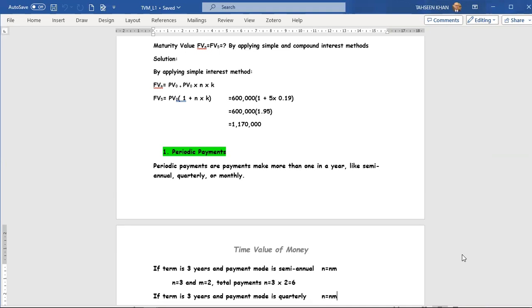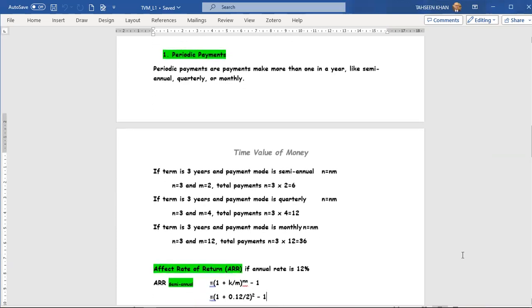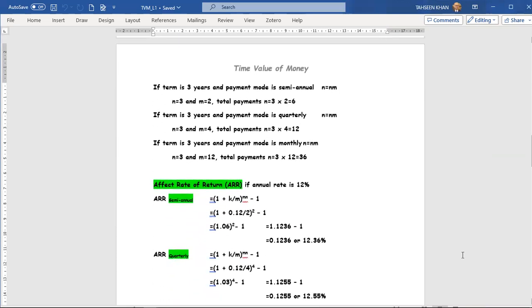Now we are going to discuss another important term, that is periodic payment. Particularly in case of a simple interest method, periodic payments are payments made more than once in a year, like semi-annual, quarterly, or monthly. If the term is 3 years and payment is semi-annual, therefore N is equal to N multiplied by M. M represents two semi-annuals within a year.